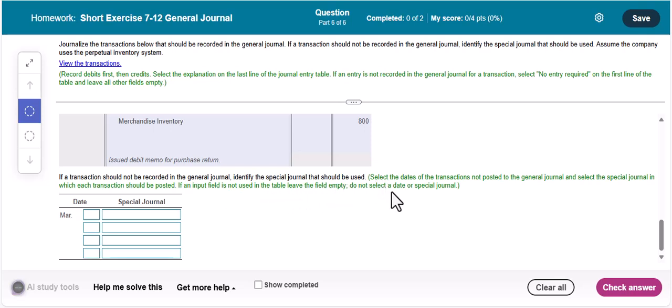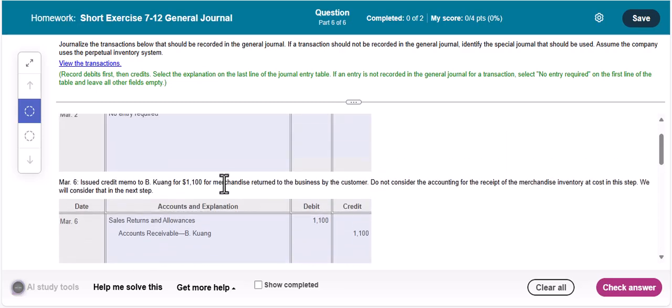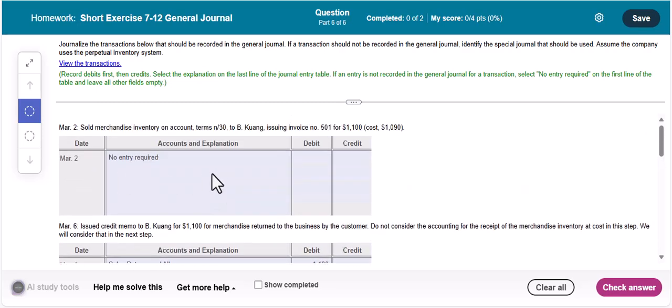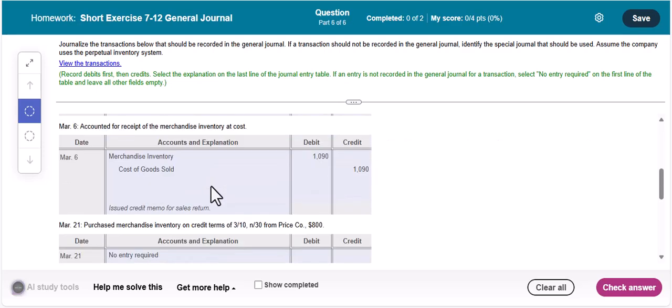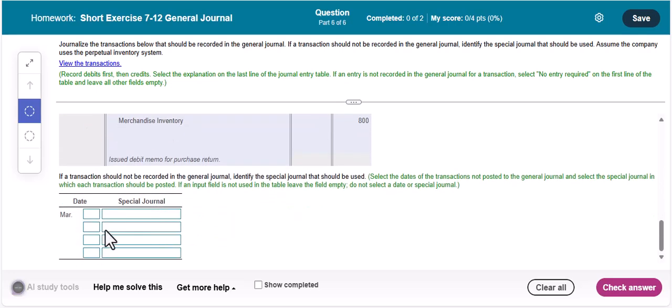Do not select a date or special journal. So remember these two transactions that we did not enter into the general journal. That was the March 2nd one here, no entry required. And then also on the 21st here, another no entry required. We have to say down here what special journal they should have gone into.